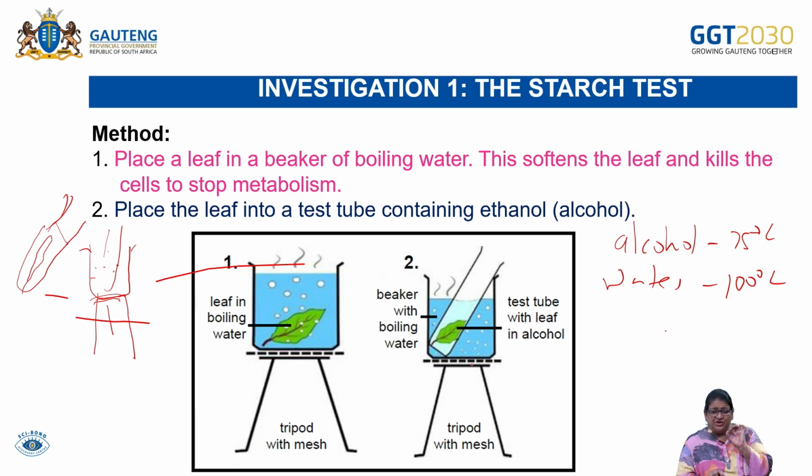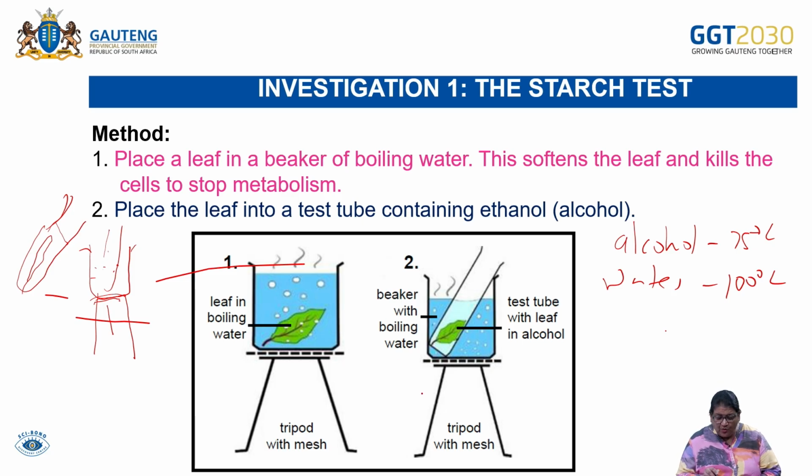The minute the temperature reaches 75, this ethanol will boil first before the water. And as the ethanol boils, it will extract all the chlorophyll out of that leaf, because the cells have already been killed with hot water. So all the chlorophyll is going to be extracted.